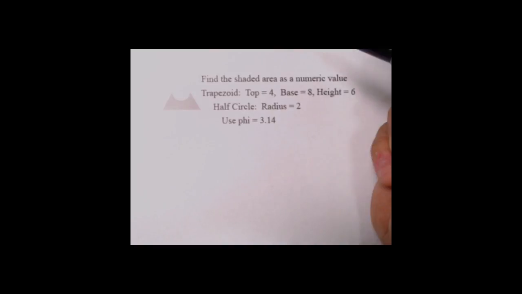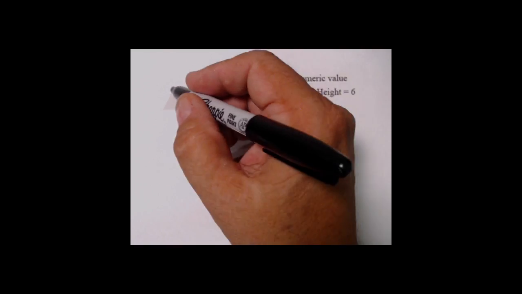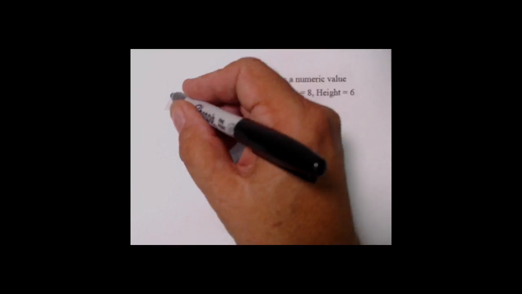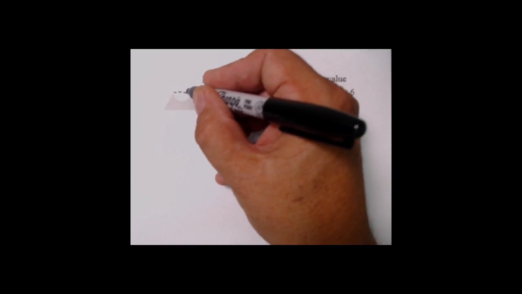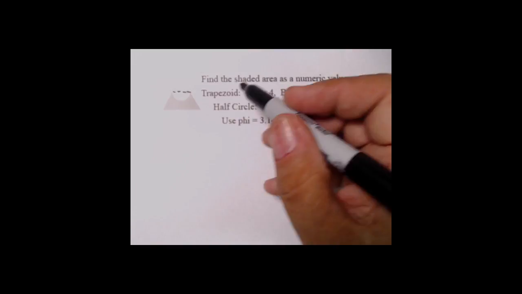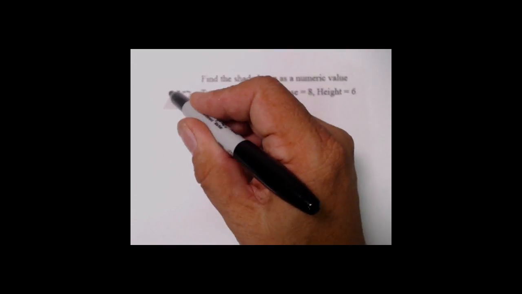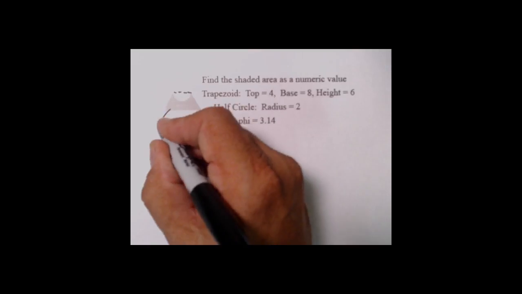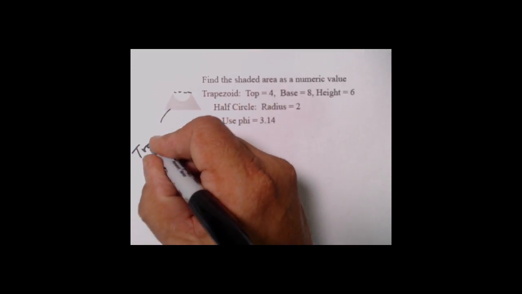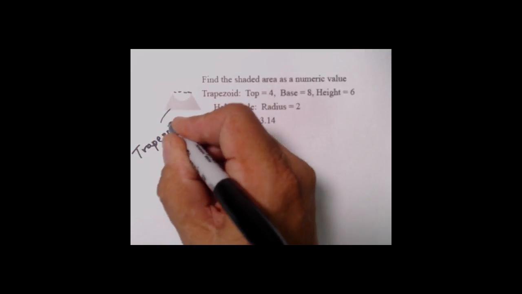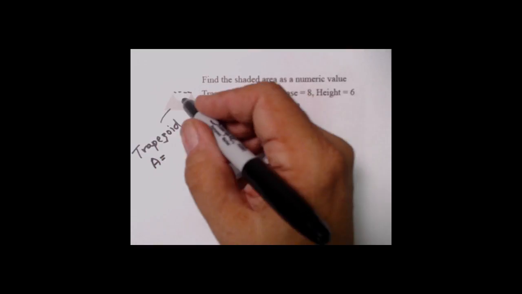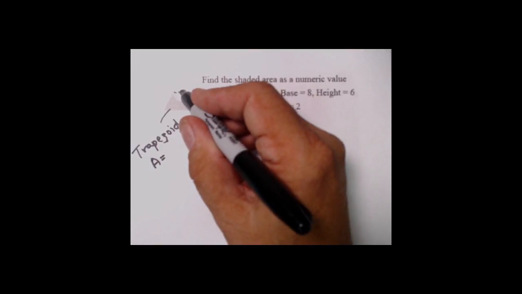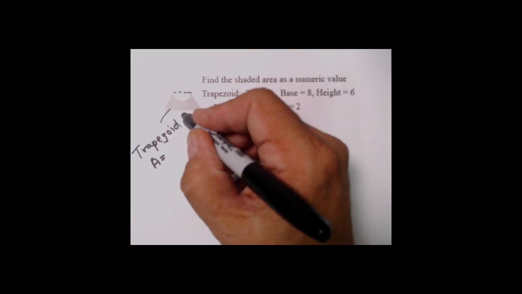Okay, notice over here, let's see, we've got what was originally a trapezoid here. I'll dash across the top of it. And then we removed a half circle from it, cut that out. Well, trapezoid, okay. Trapezoid, the area equals, okay, the average of the top and bottom sides.